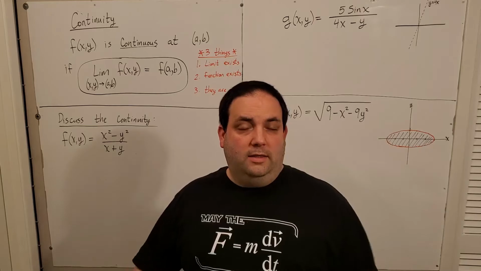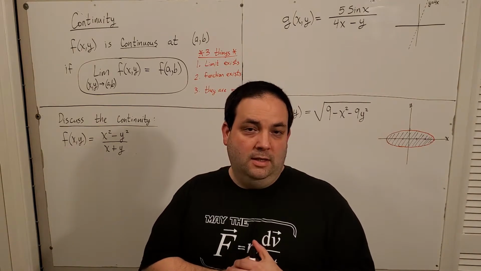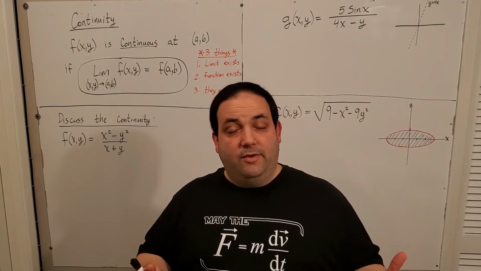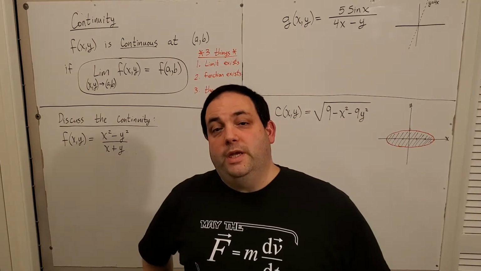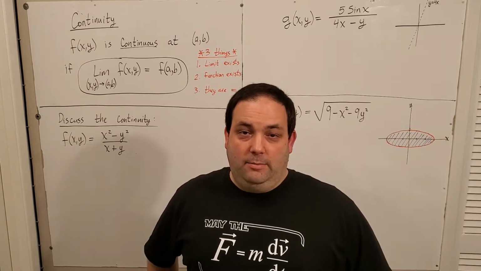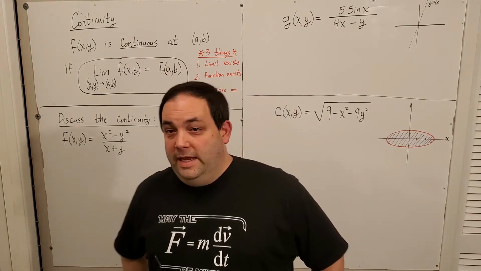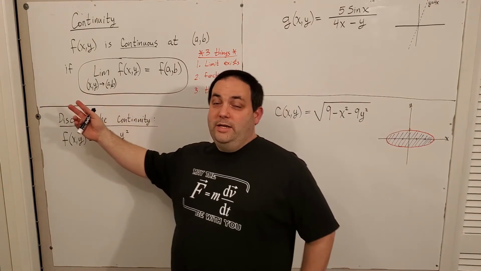Okay, so we got the limit language for multivariable functions. Let's talk about the next inevitable step, which is continuity in multivariable functions. And this idea is exactly the same as continuity in single variable functions. It boils down to this one equation.